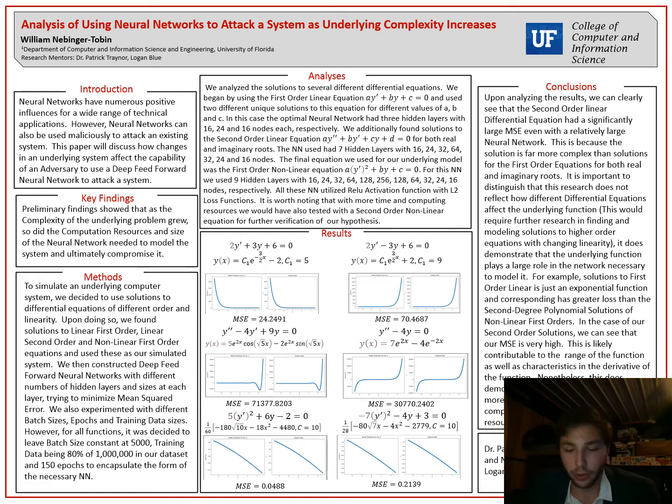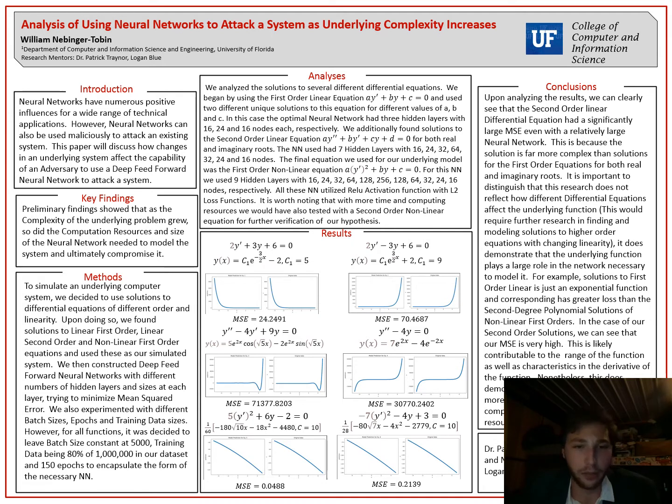So we use differential equations, and I'll start off talking about the data that we got for our first order linear equations. As you can see, the first bar in our results, we got simple solutions. They were all exponential. One of those is a negative exponent, one of them is a positive exponent. And we can see that with a very simple neural network with only 3 hidden layers of 16, 24, and 16 nodes each, if you look at the graph, you can see that it's very close.